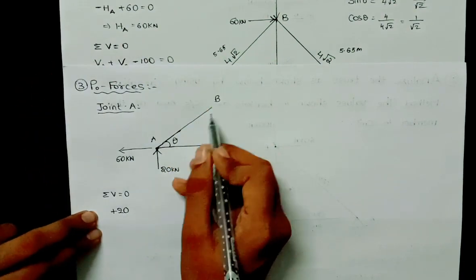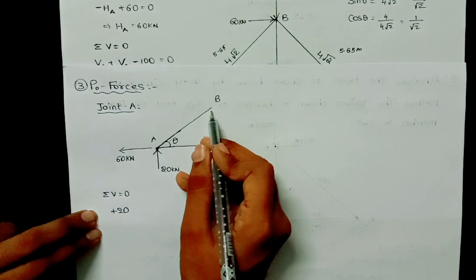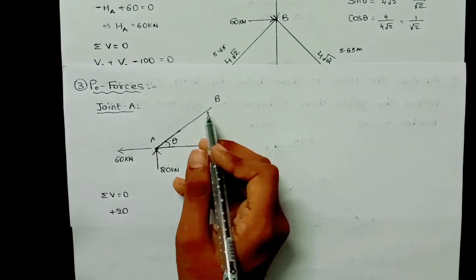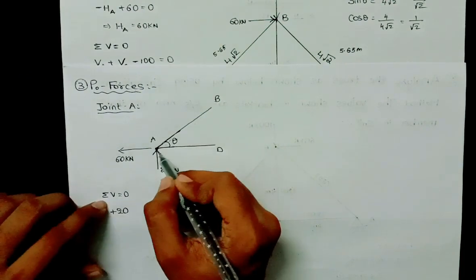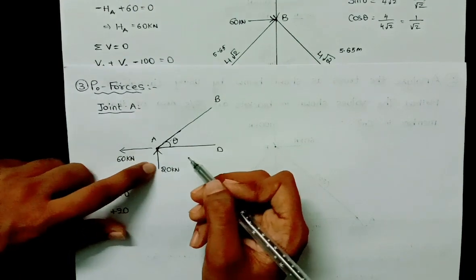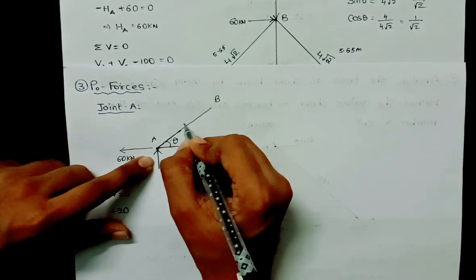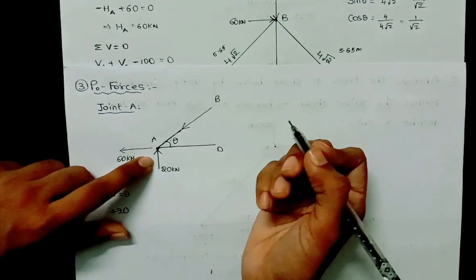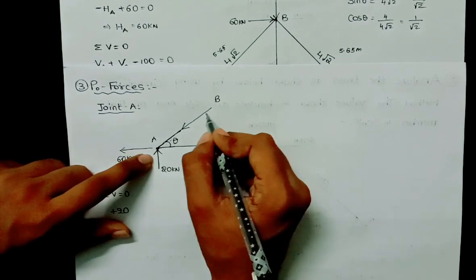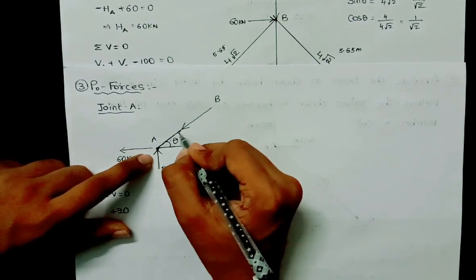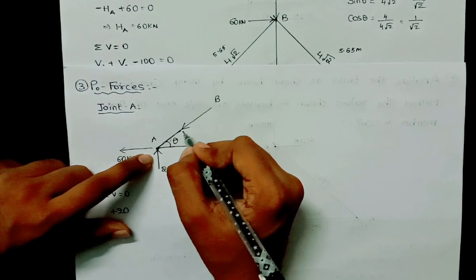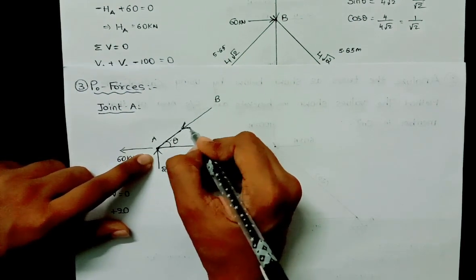So initially you have to assume the force in member AB either in compression or tension. So since this 20 kilonewton is acting upward direction, in order to balance the joint I will assume that this one in downward direction. So this reaction is in upward direction and the force in member AB will be in downward direction. This is my assumption. Okay, this is the downward direction.